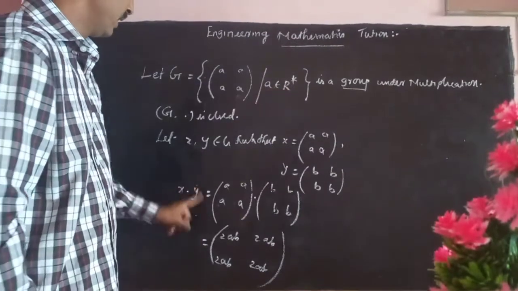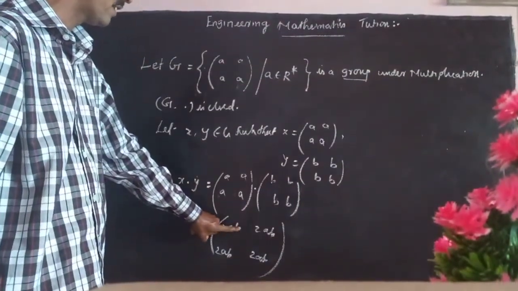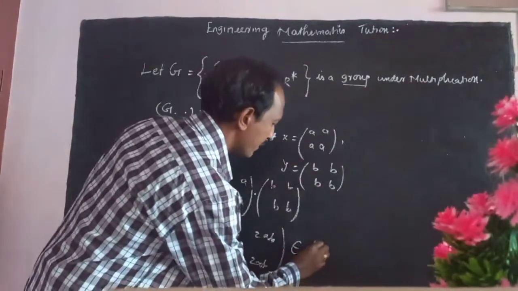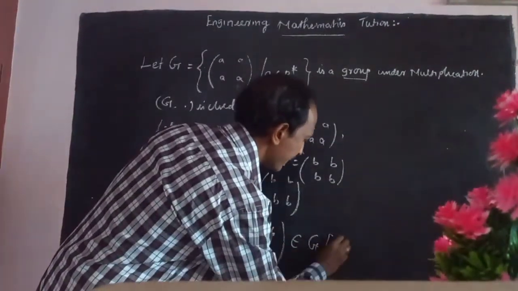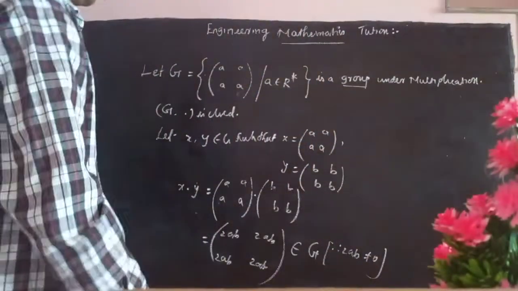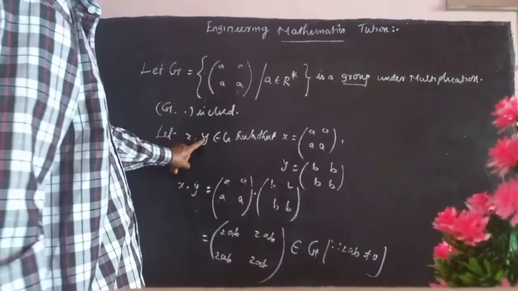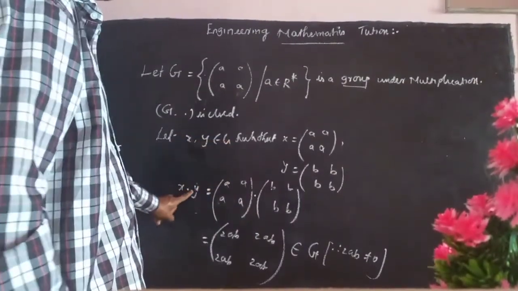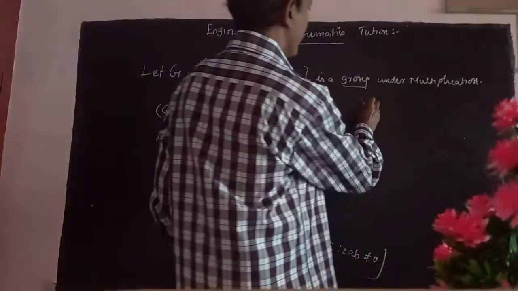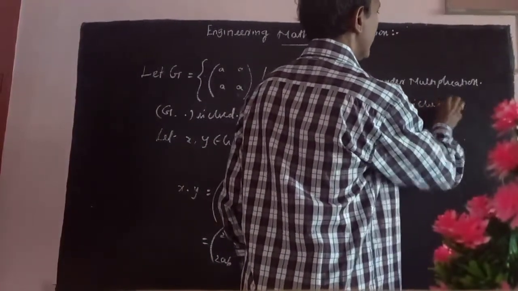It's a non-zero element. So x dot y, a is non-zero, b is non-zero, that also belongs to g, since 2ab is not equal to 0. This is a non-zero element. So x dot y belongs to g. Therefore x comma y belongs to g implies x dot y also belongs to g. Therefore g comma dot is closed.